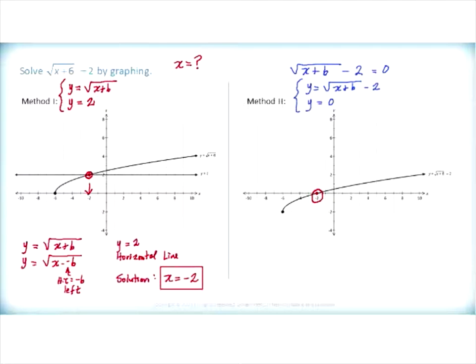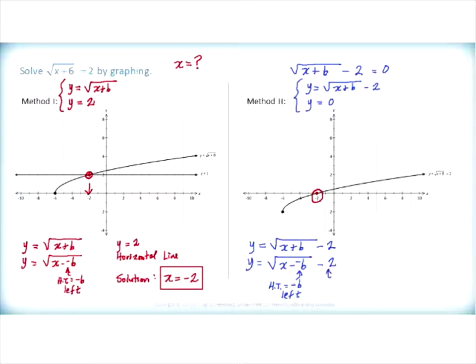In sketching the graph of this function, again you can use your knowledge of transformations to do so. If you have y equals the square root of x plus 6 minus 2, that can be rewritten as y equals the square root of x minus -6 minus 2. The 6 here represents a horizontal translation of the base graph of y equals the root of x 6 units to the left.